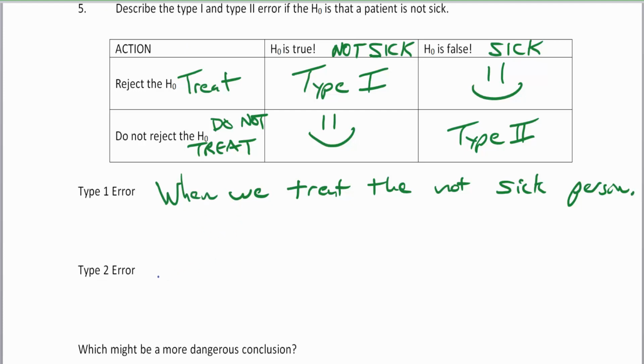Not a big improvement. Okay, type 2 error. A type 2 error is over here. This is when we do not treat the sick person.